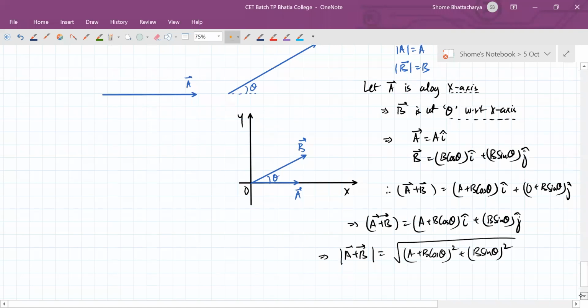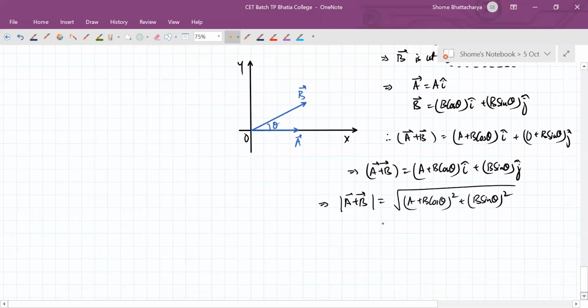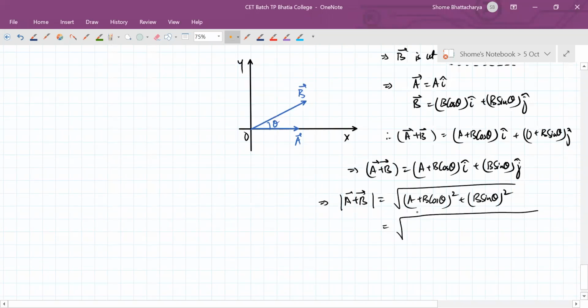Next, if we just concentrate on the algebra here, expand this, and then expand this also, so we get this kind of term.